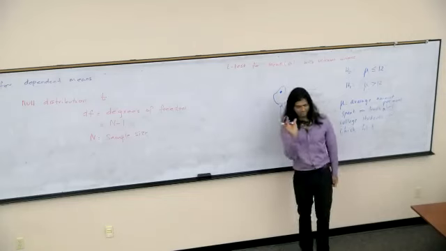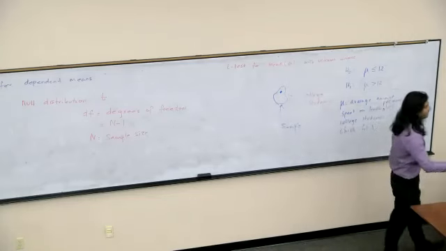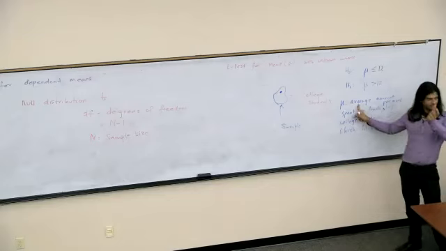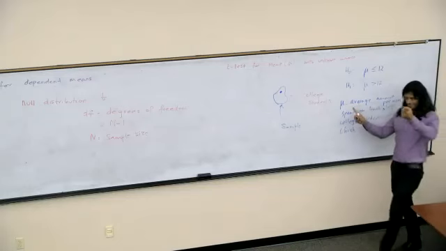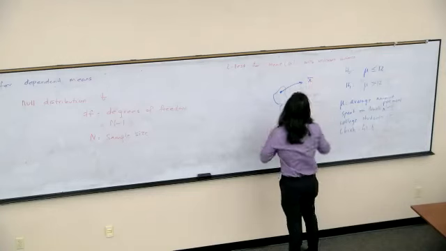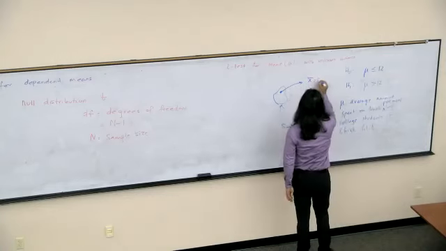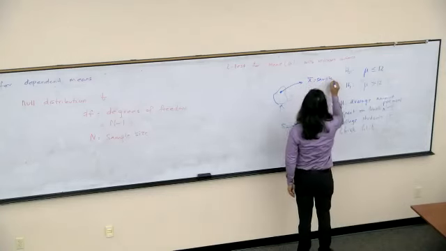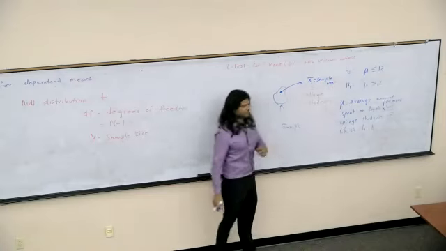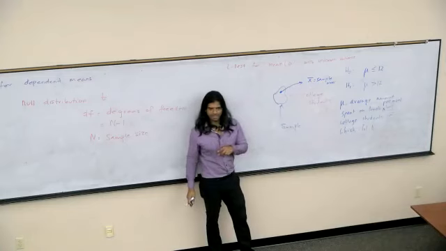Do we remember the standard notation for mean? Mu would be for the population. So the one that you get from the sample is x bar. That is the sample mean. S would be the sample standard deviation.